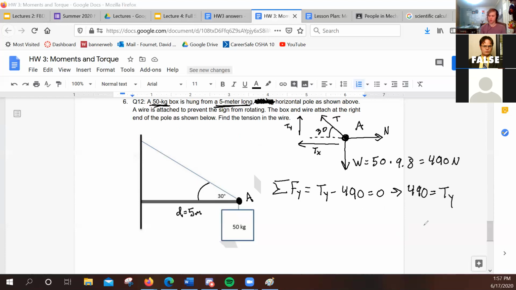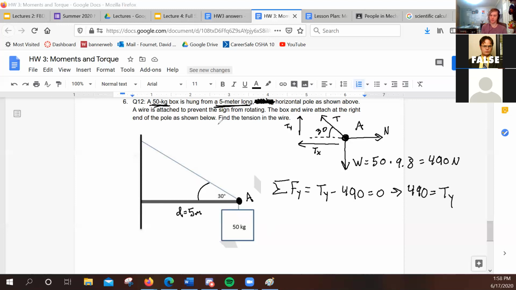So yeah, it wants us to find the full tension in the wire, so that's what we're going to do. But basically, when we're doing the moments of this, we don't actually need to worry about the normal or the Tx because they're applied so that they would pass through the pivot point.